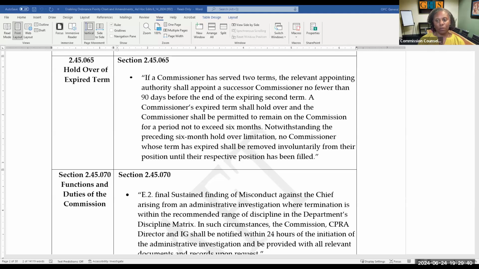However, if the selection authority didn't make an appointment in time and that 2nd term expired, and the commissioner wanted to stay on in the role, we wanted something in the ordinances to say that the commissioner could actually stay on. I don't think a commissioner has a right to stay on, inasmuch as the power to appoint is with the selection panel or the mayor. But I think we can request that.